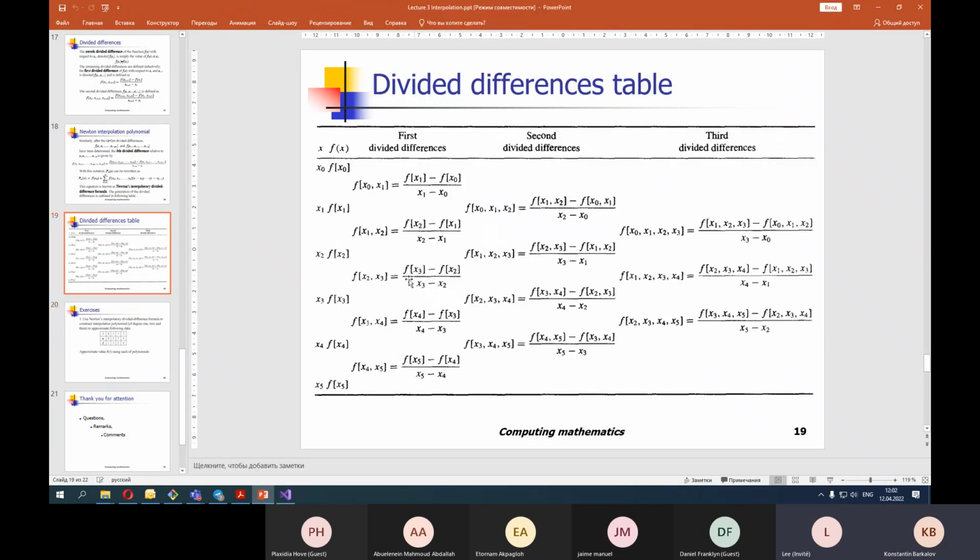The picture is the same. The table is the same. You should take one more point, find the difference of their function values, and divide it over the difference of x's.